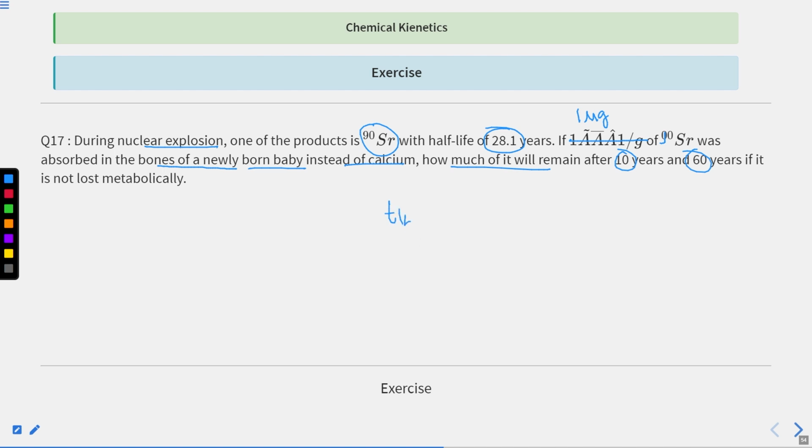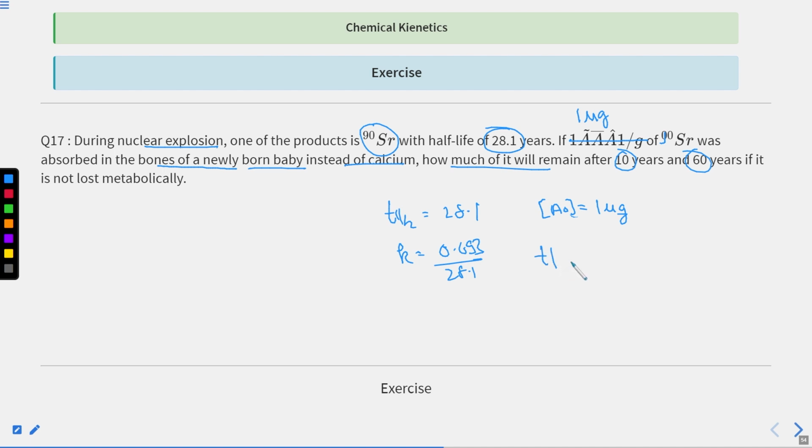T half is given basically, so k will be 0.693 by 28.1. I have told you already that all radioactive reactions are first order. How much mass was absorbed is 1 microgram, so this is our initial concentration.